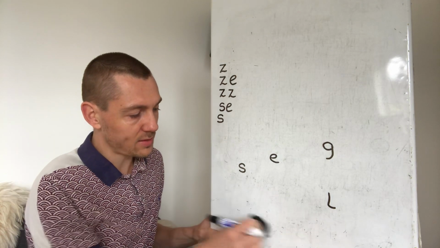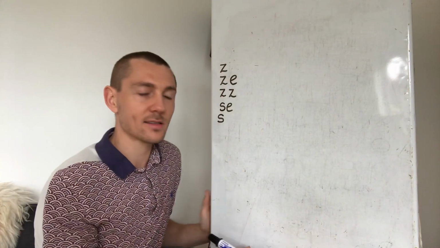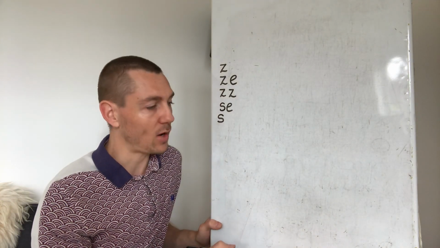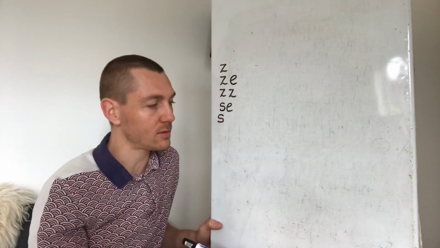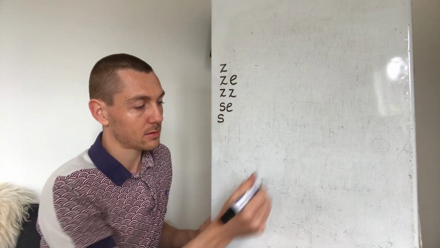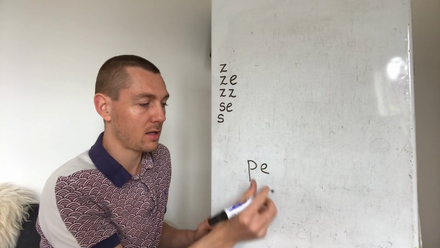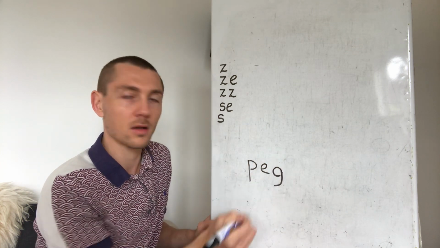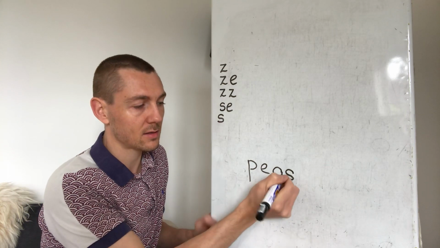So, using the word eggs and the word legs, can you write the word pegs, as in pegs that you would hang your coats on? Pegs. And we say p, e, g, z. Pegs.